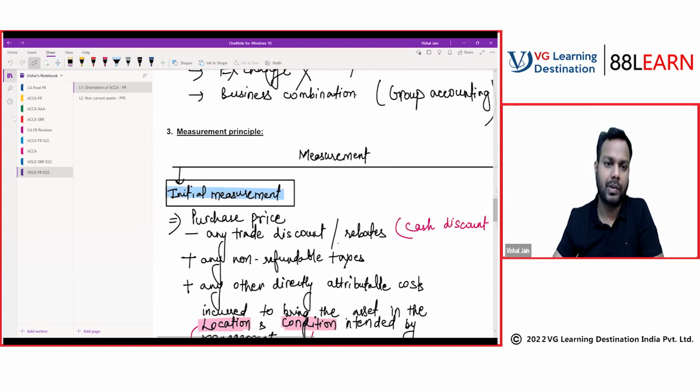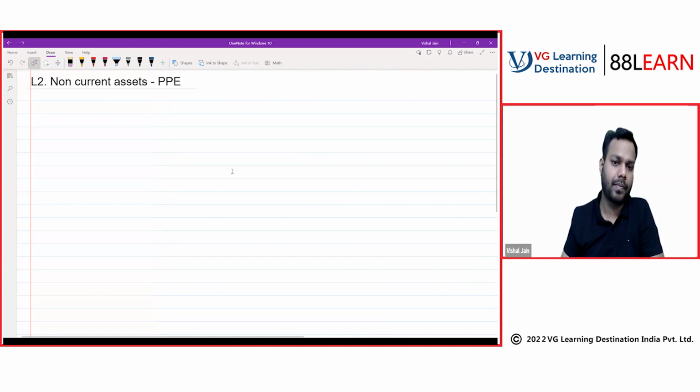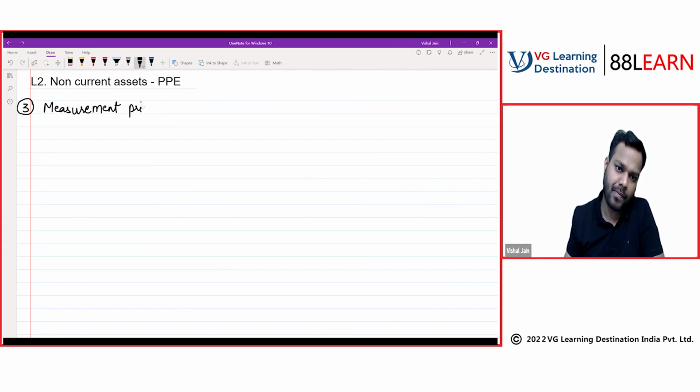Measurement principle is 3. So we'll continue with the measurement principle.